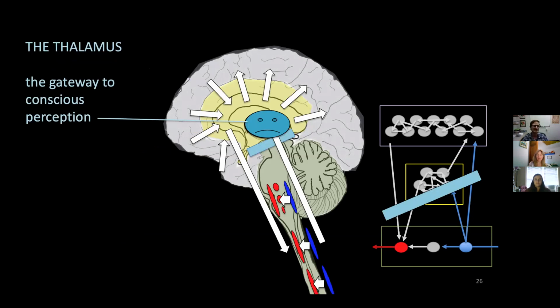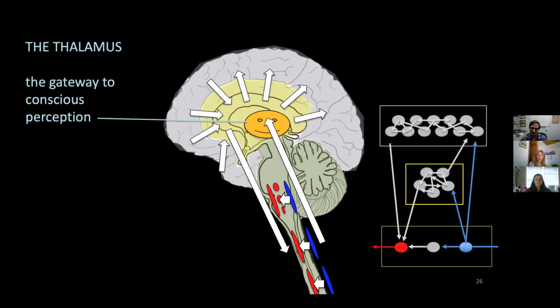Okay, one more super important structure for understanding sleep, and that is this little face here. It's the thalamus. The thalamus sits right in the middle of the brain, and it is like the goalie of consciousness. Things have to get by the thalamus to enter your conscious brain.